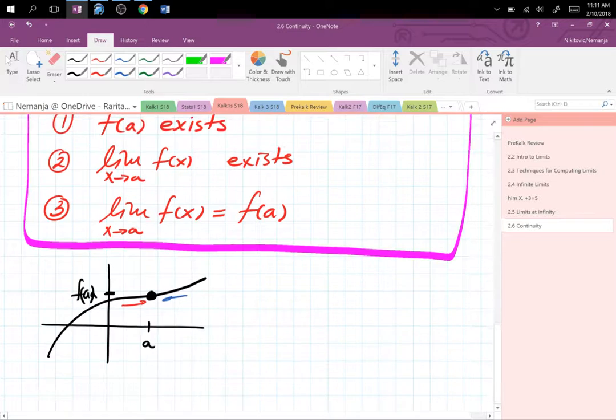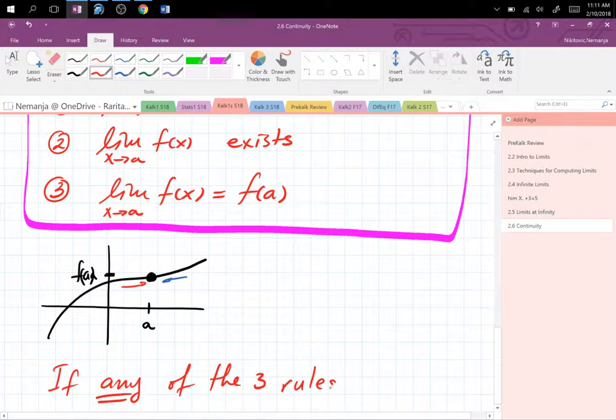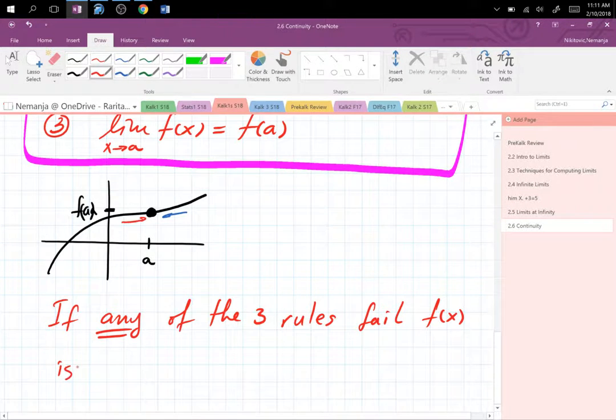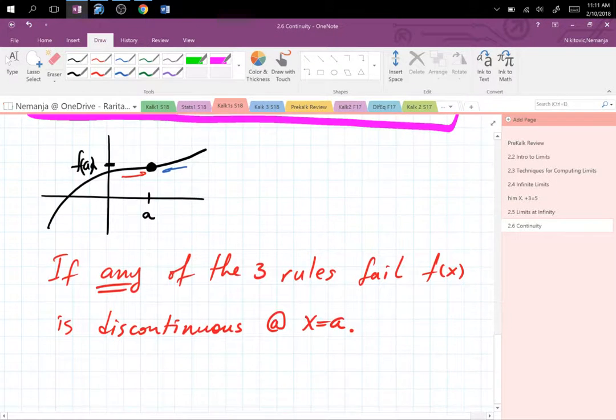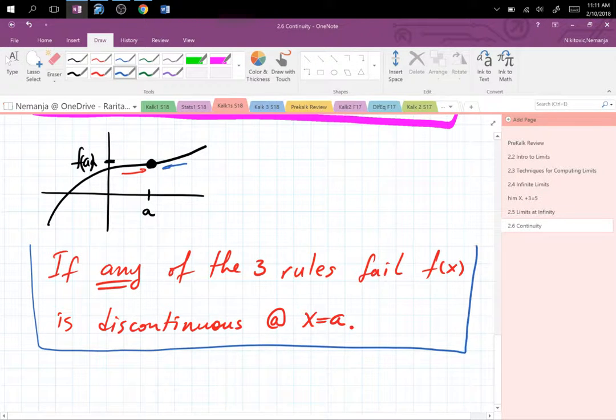Now, the next part in red: if any of the three rules fail, f(x) is discontinuous at x = a. And that is the discontinuity part.